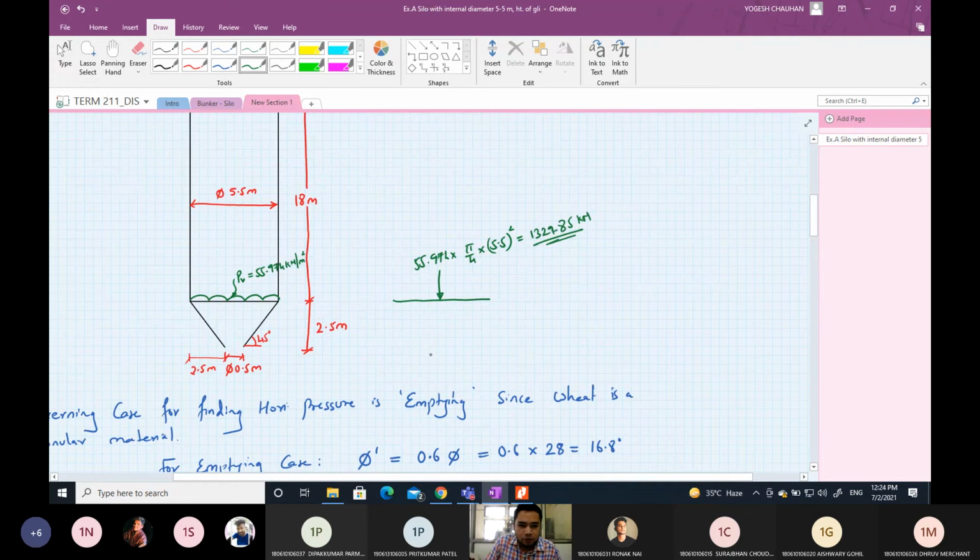Now we also have to find the weight at this level. So here this will be due to the weight of the material inside the hopper bottom as well as the self weight of the hopper bottom. So the sum of these two will be the total vertical load on the hopper bottom.